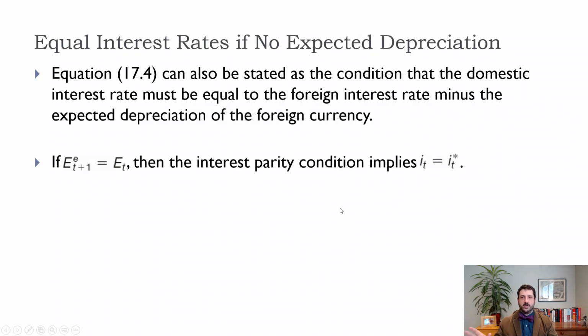We'll look in a minute at the UK and US interest rates. But basically what this is saying is that if we expect exchange rates to be the same next year as they are this year, then we would expect domestic interest rates to be equal to foreign interest rates, assuming that transaction costs and risk are the same.